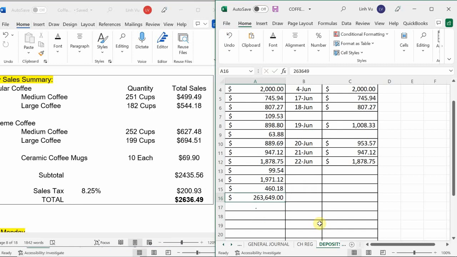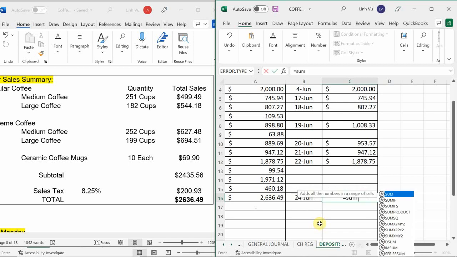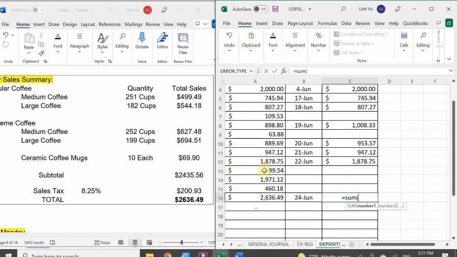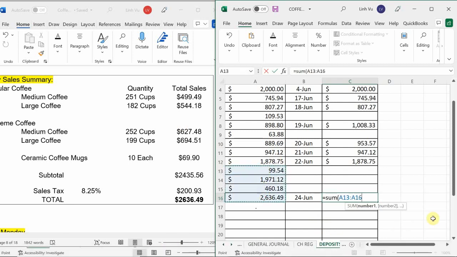Okay. Oops. $2,636.49. There you go. Okay. And today's the 24th. So, including the money that we should have deposited on the 23rd, what is the grand total amount that I am going to be depositing today as of June 24th?